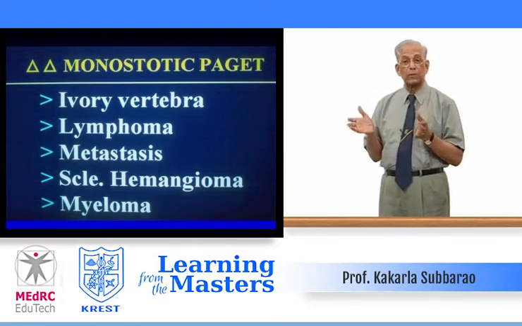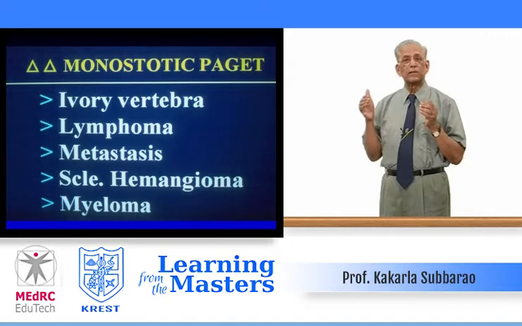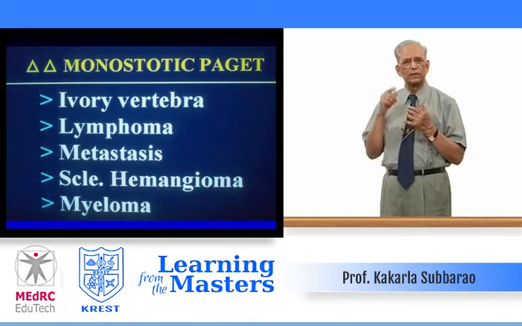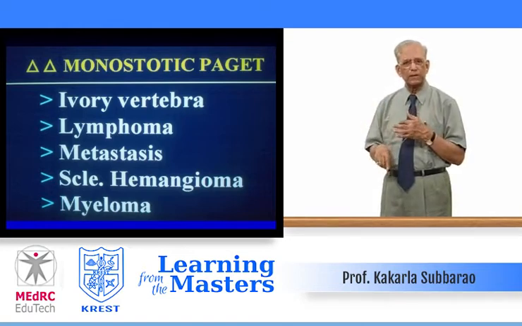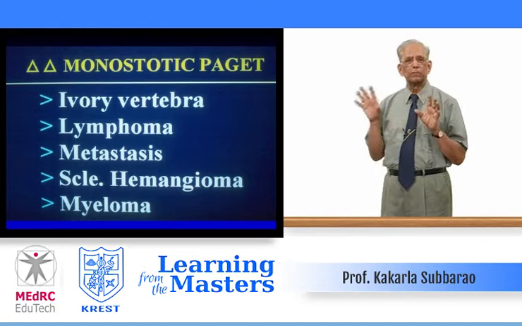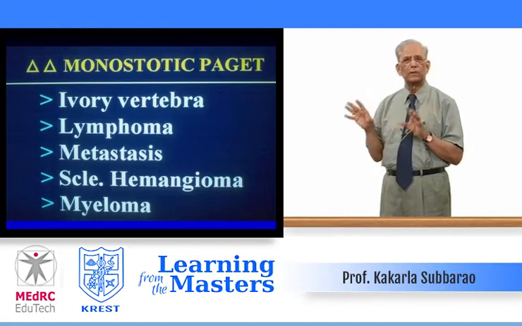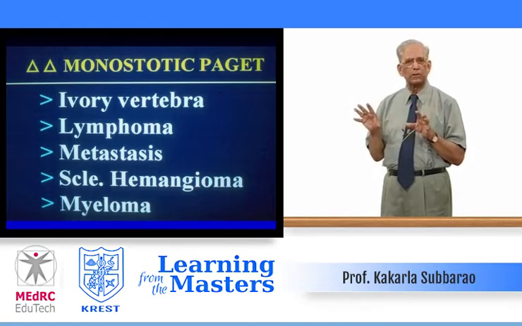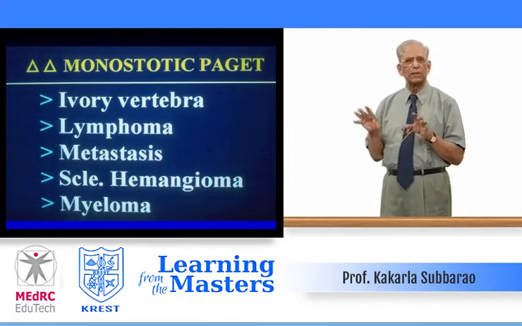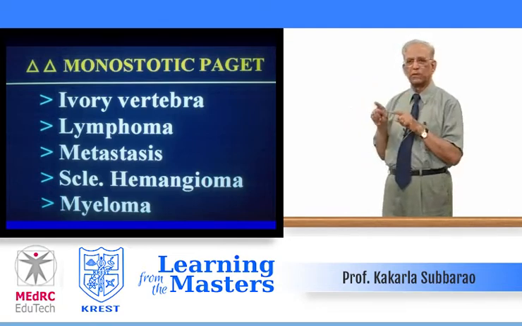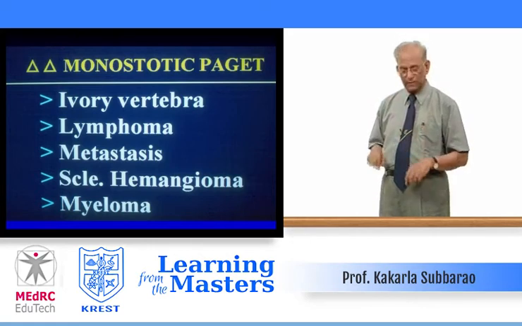It is rare, no doubt. 1% of multiple myeloma cases may produce a sclerotic myeloma, and that is if it is involving the endocrine glands, with skin changes and M spike, it is called POEMS syndrome. P-O-E-M-S: P, polyneuropathy; O, organomegaly; E, endocrinopathy; M, M spike; S, skin changes. In those cases, you may get a sclerotic type of vertebra and it may simulate Paget.